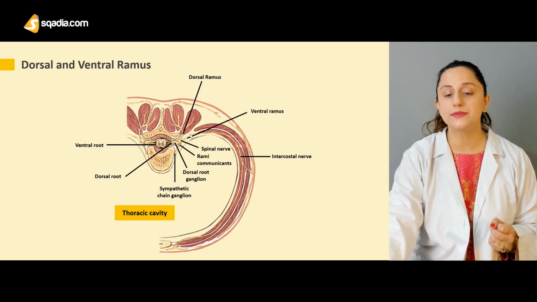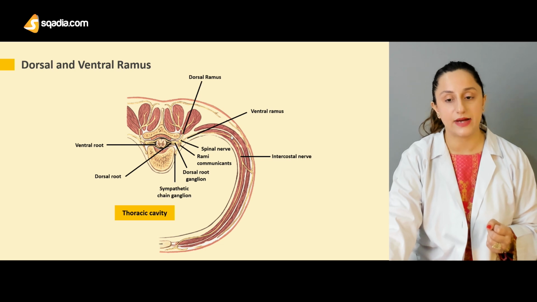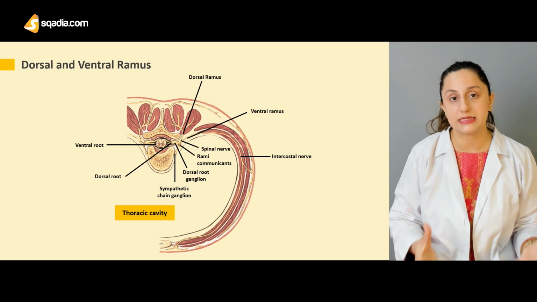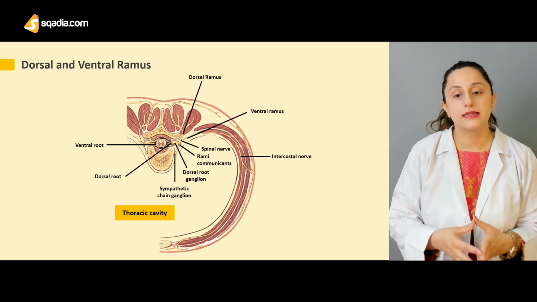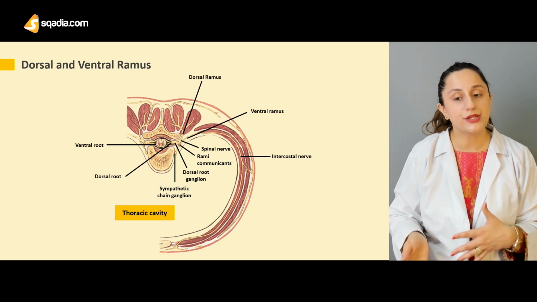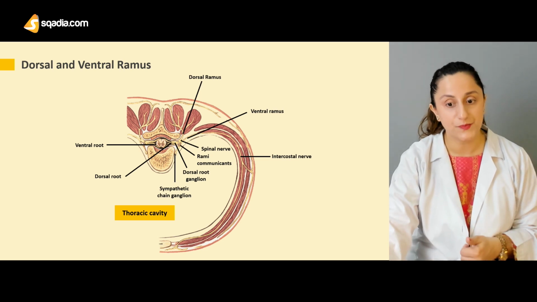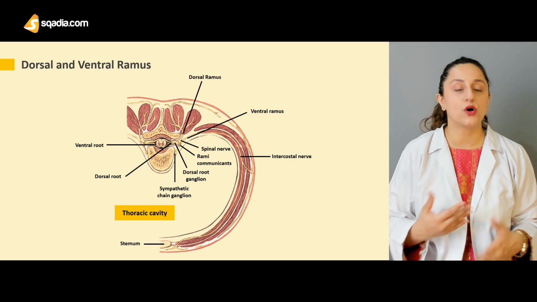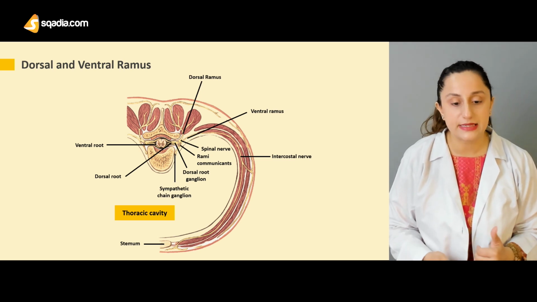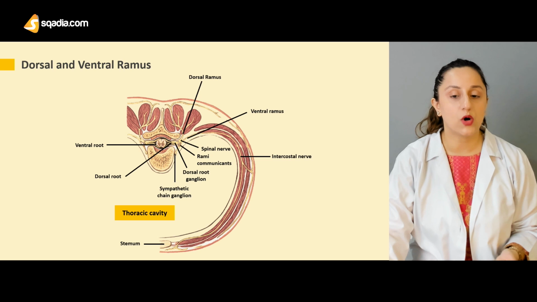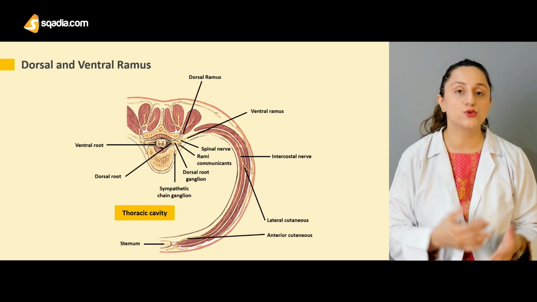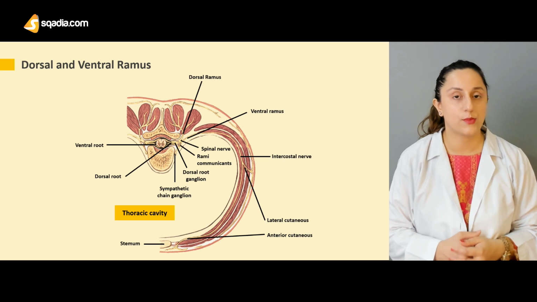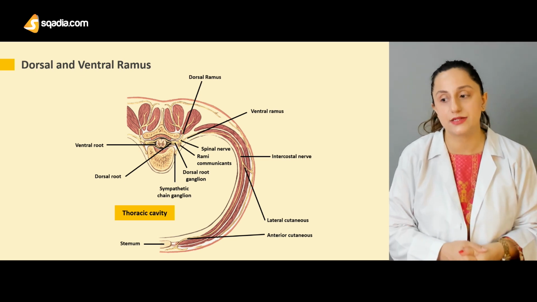Now, the ventral ramus again gives rise to a particular nerve, which is going to innervate a set of muscles. For instance, over here, this ventral ramus continues into an intercostal nerve, which innervates the intercostal muscles in between the ribs. This intercostal nerve is then subdivided into two nerves, the lateral cutaneous and the anterior cutaneous, depending upon the set of muscles it is going to innervate.